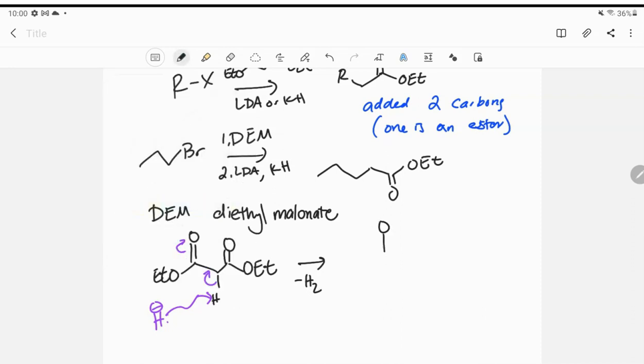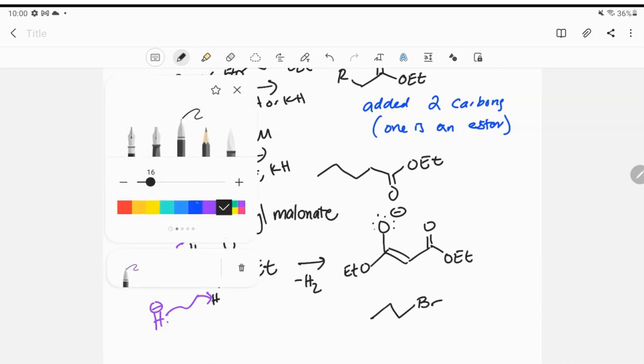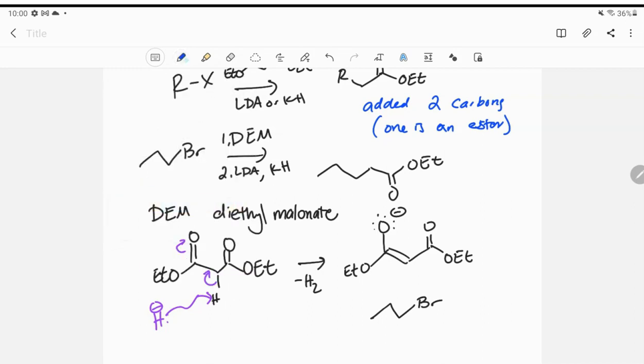So we now have our enolate. And this is going to go ahead and attack the bromide, propyl bromide, SN2 style. Apparently I'm using purple arrows today, so I'll be consistent. X out that.